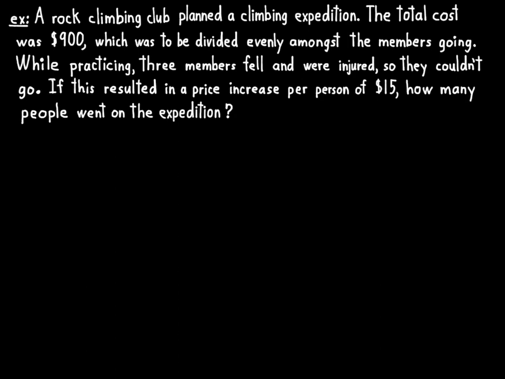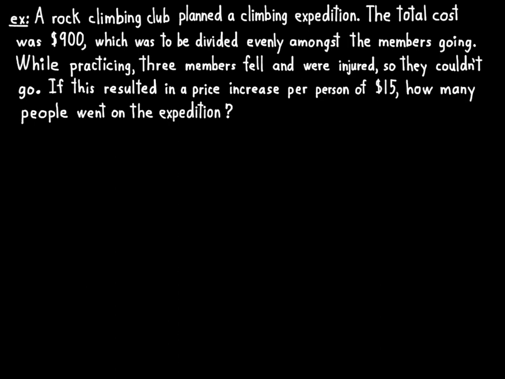It's split evenly amongst the people who actually go. You don't know how many people were in the club, but you do know that 3 of them couldn't go. And the price per person then went up by $15 per person. So how many people actually went on the expedition?